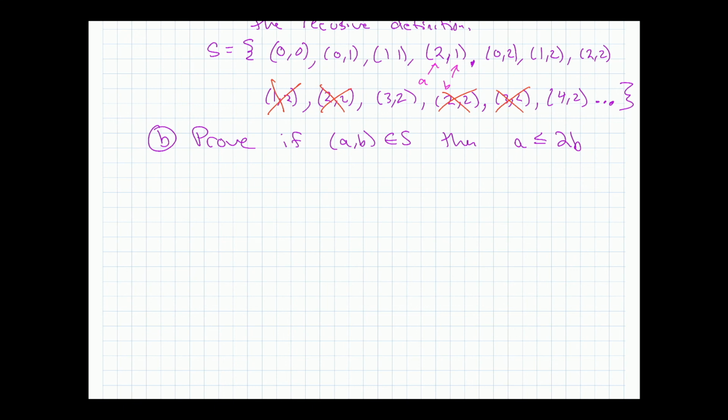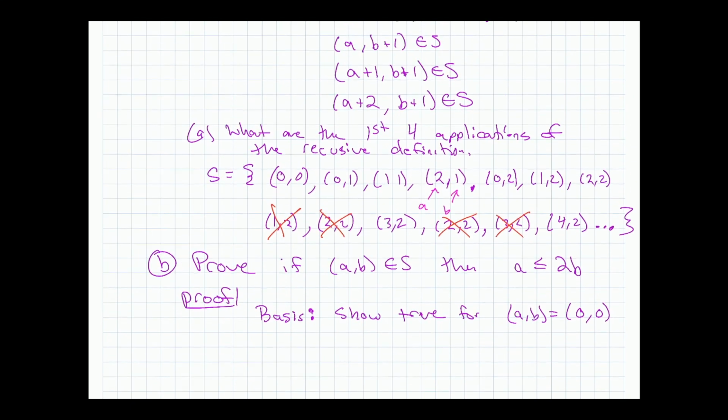Let's try it. So this is a structural induction proof. That means the way you do the basis step is you need to show the property for the smallest thing in the set. So we're going to show the property is true for the smallest (A, B). What's the smallest (A, B)? (0, 0), right?